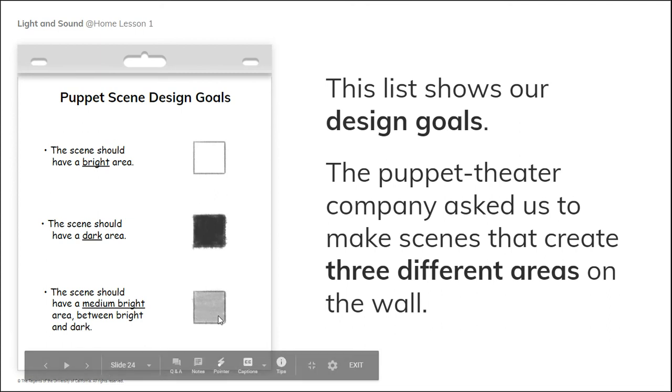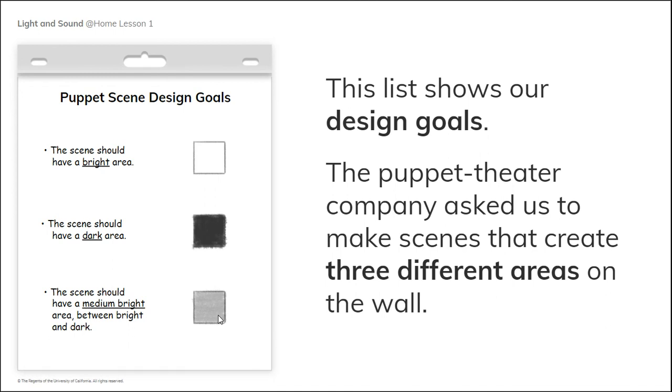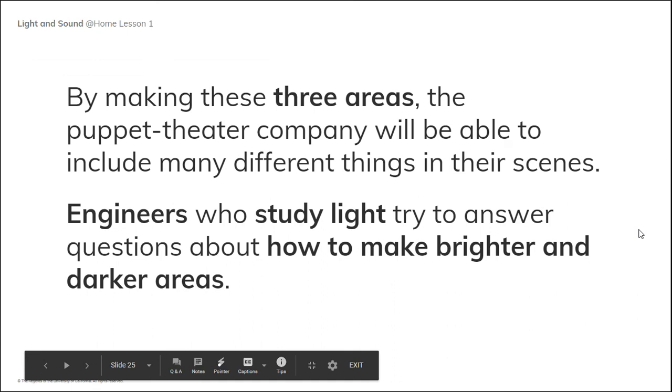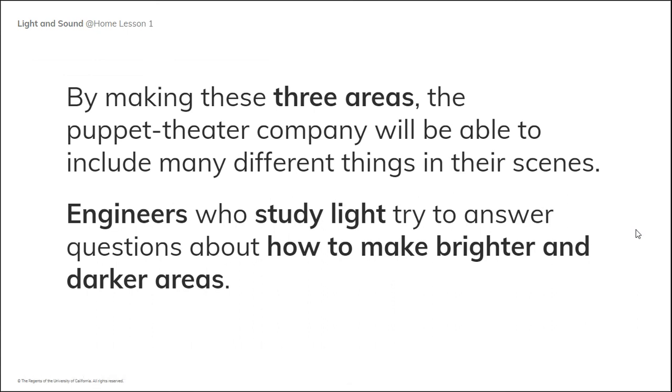It's kind of just medium. And the Puppet Theater Company has asked us to make scenes with all three of these levels. By making these three areas, the Puppet Company will be able to include tons of different things in their scenes.